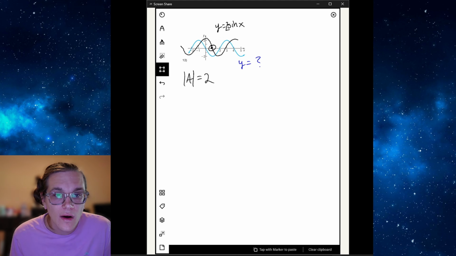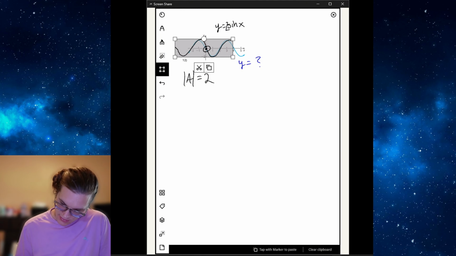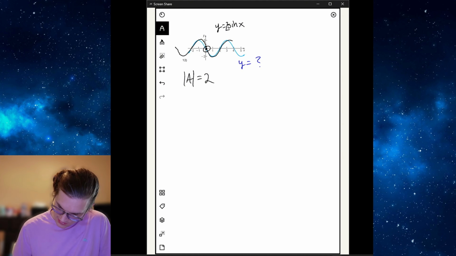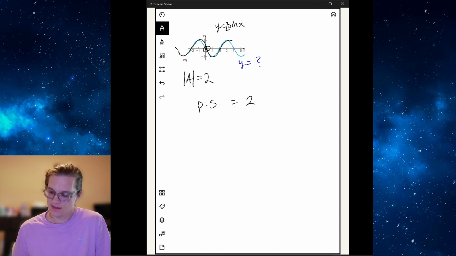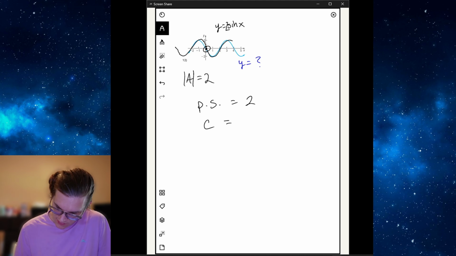Okay, and now it's overlapping. So it looks like it's a shift of 2, because we're going from x equals 2 to x equals 0. So I'm going to say that the phase shift is equal to 2. And again, it can go in either direction, so it really doesn't matter if it's positive or negative in this case. But yeah, the phase shift we've been writing as c.